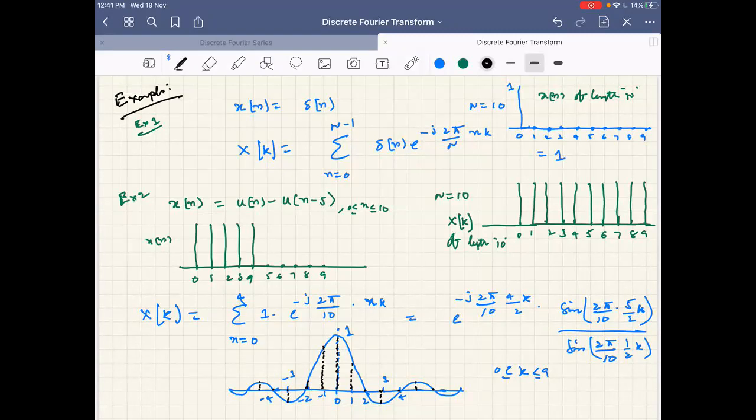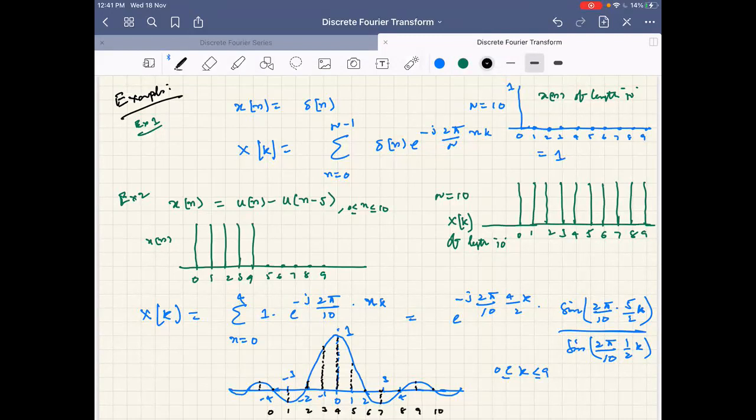I think 0 will start from here, so minus 4, right? So 0 will start from here. For the discrete signal, 1, 2, 3, 4, 5, 6, 7, 8, 9, 10.